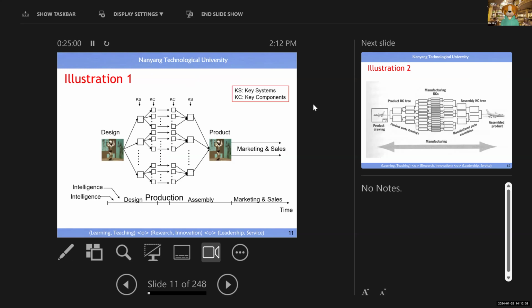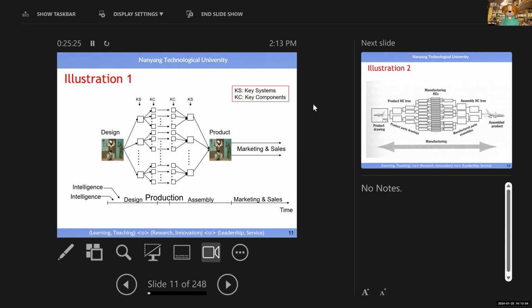Okay. Then for the design, this is an illustration. For example, you have an idea about a new type of humanoid robot, assume in your brain, you suddenly come out with this idea. Then you need to translate your idea into the detailed drawing, right?